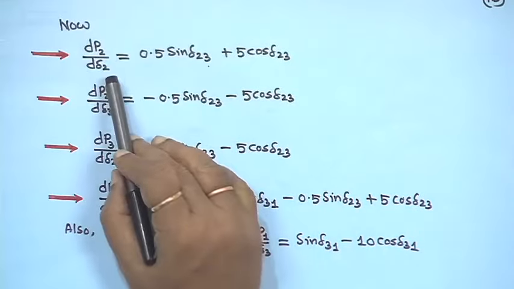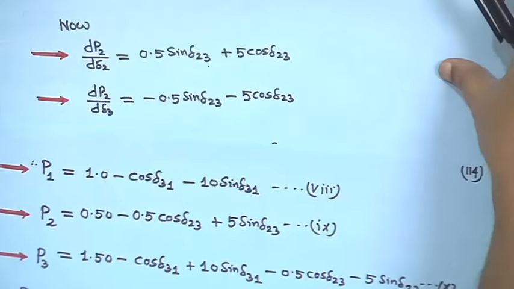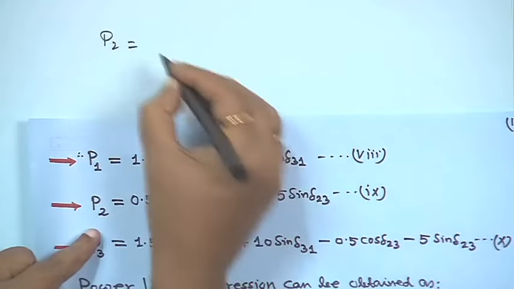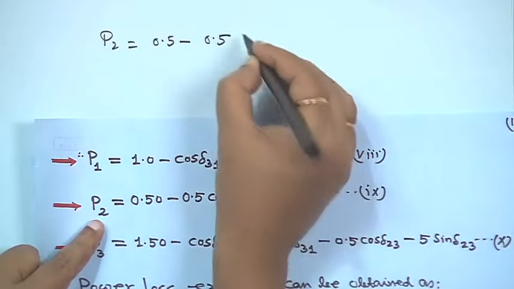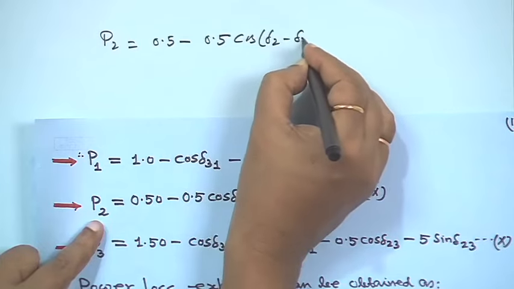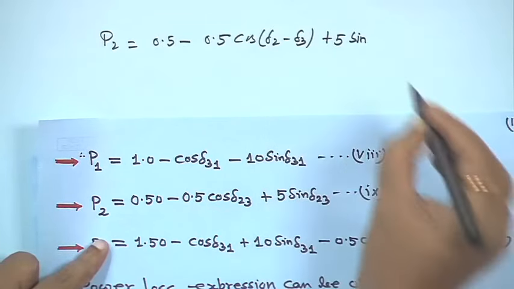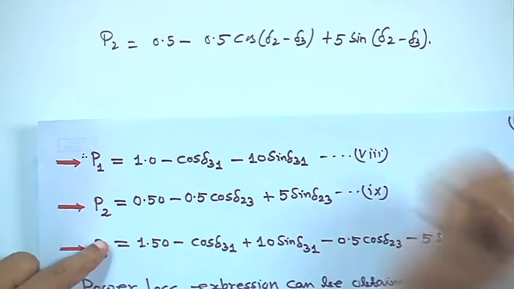If you take the derivative dP2 d delta 2, P2 is written as 0.5 minus 0.5 cosine(delta 2 minus delta 3) plus 5 sin(delta 2 minus delta 3). So this P2 equation is actually like this. Similarly for P3, you write it this way and take the derivative.